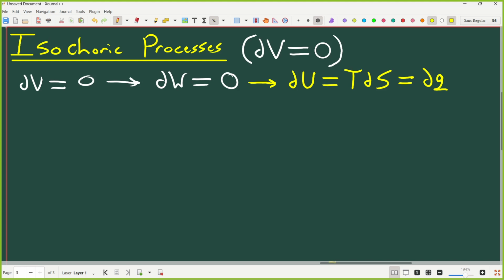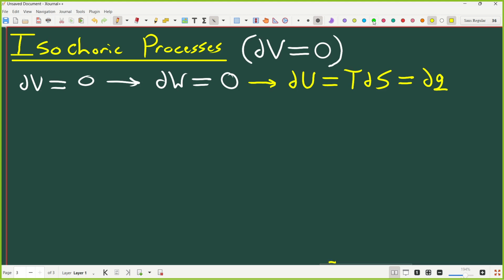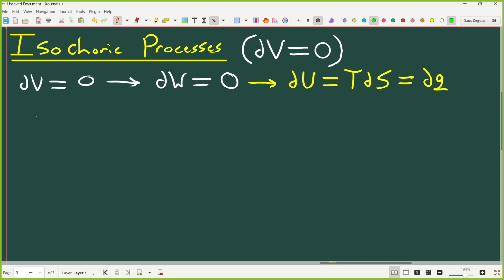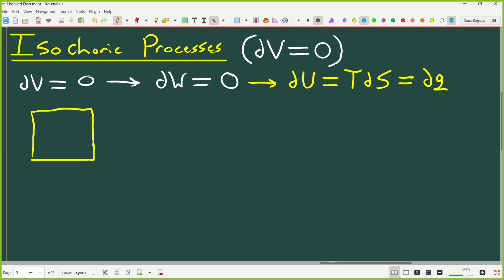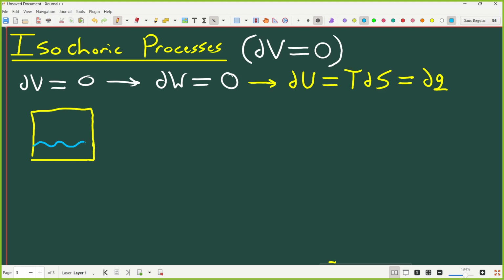Now the question is, what can we learn about this process? Right? So let me just draw what it looks like. Right, again, the best way to think of a constant volume process is you have a sealed container. Let's say, for instance, we put a liquid or a gaseous material in here. Here's our material. I'm going to put a thermometer in it.